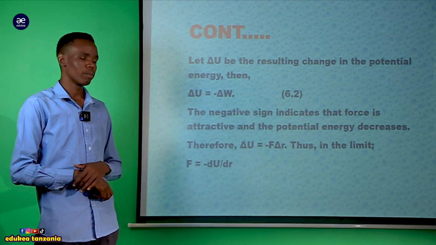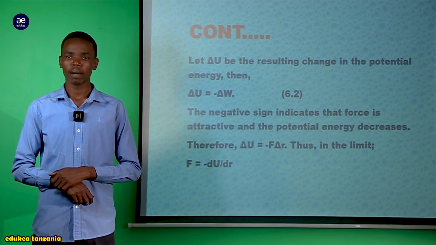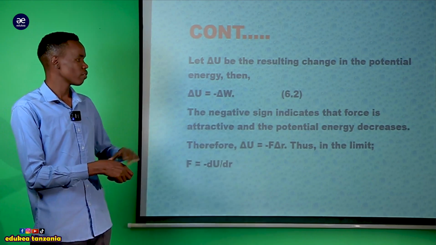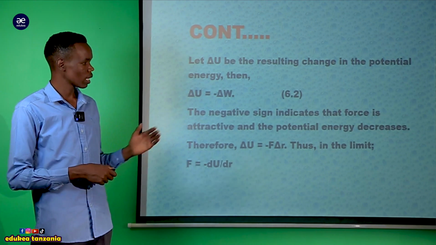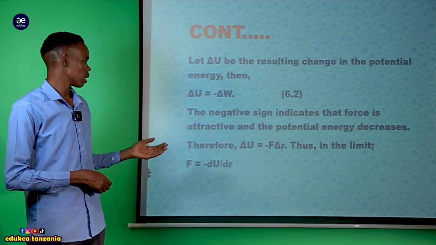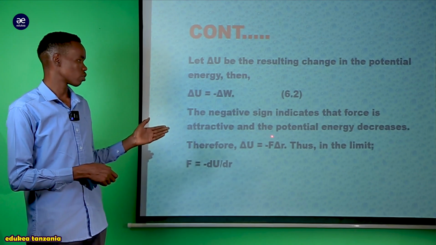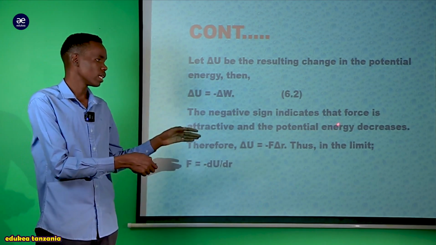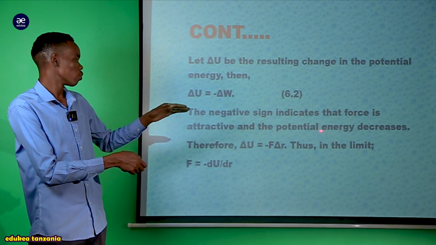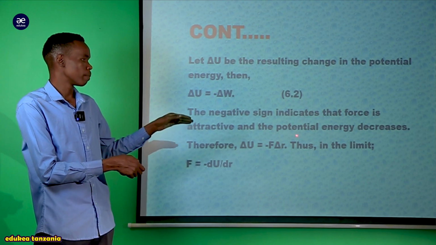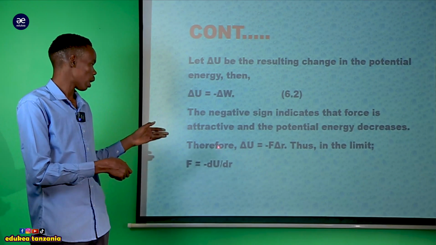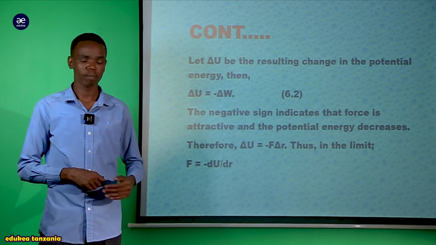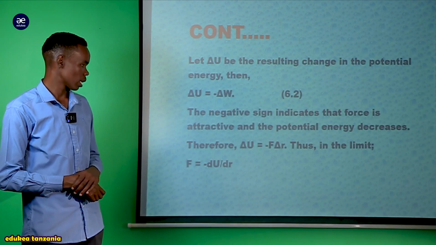This will be our equation number 2 for our sixth topic. The negative sign indicates that the force is attractive and the potential energy decreases. This is the meaning of the negative sign, my dear students.